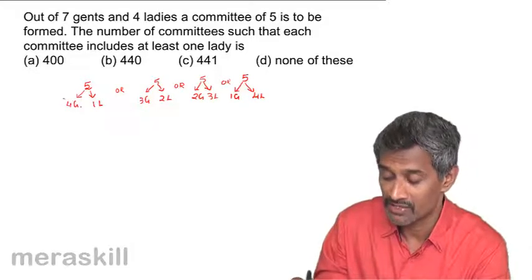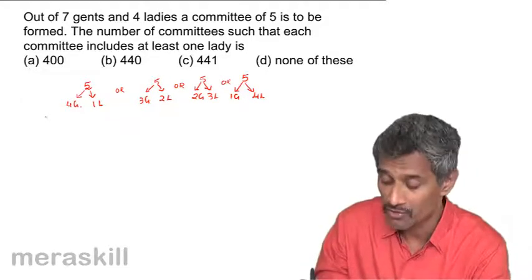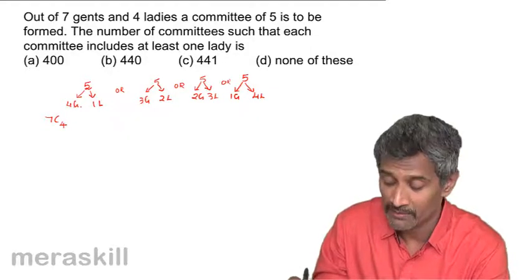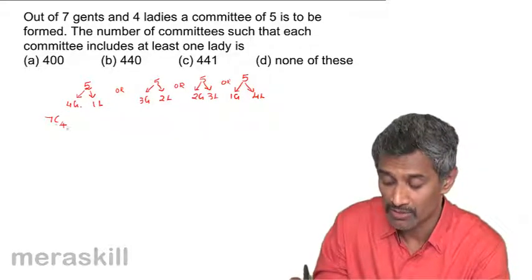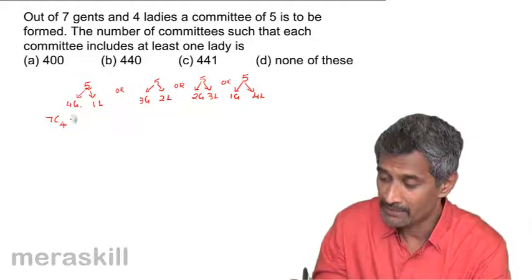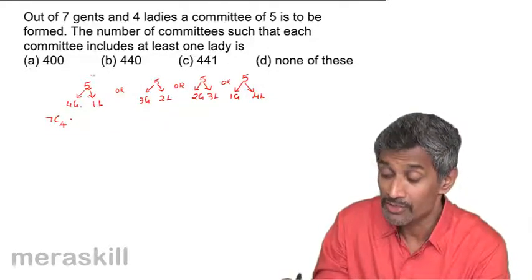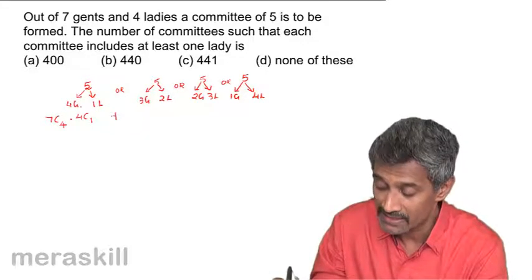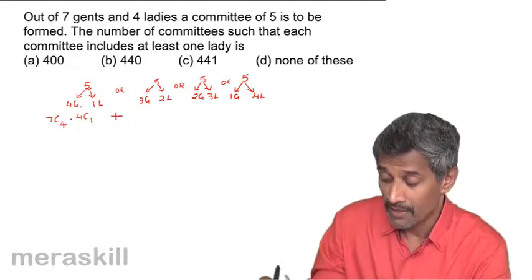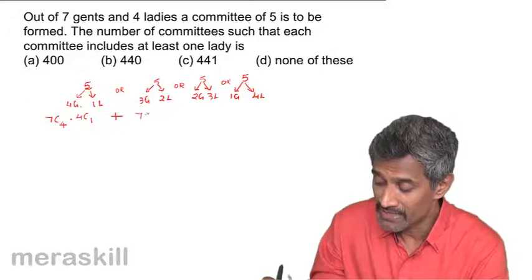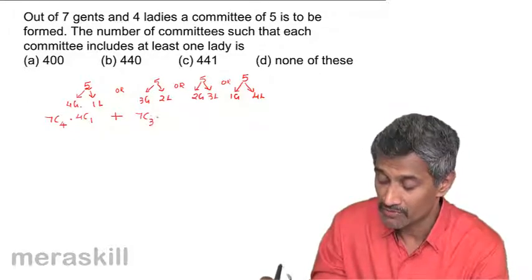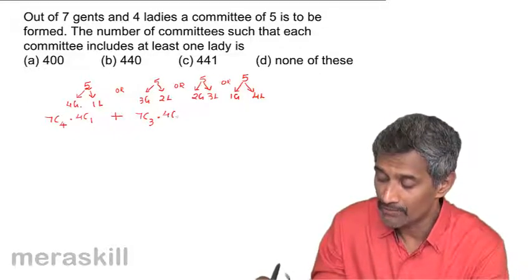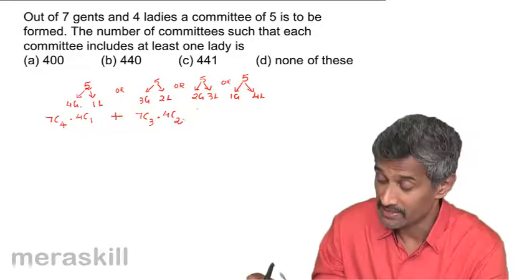Totally there are 7 gents, so in the first case you have to choose from 7. Again it is choosing, not arranging. So 4 are to be chosen out of 7, and 1 has to be chosen out of 4, into 4C1, which is translated as 1. Or you have 3 gents, that is 3 chosen out of 7 and 2 chosen out of 4 ladies.